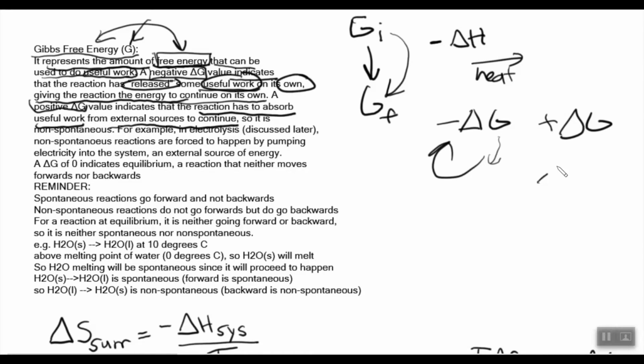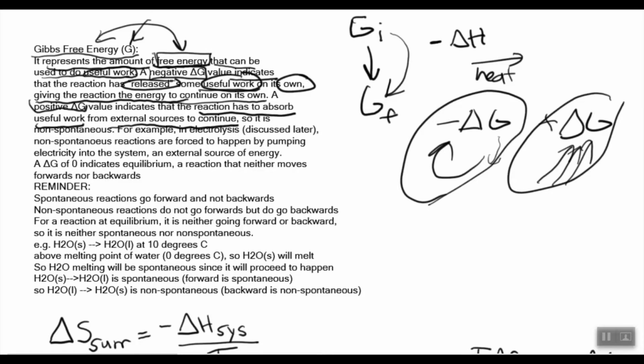Instead, you have to constantly put in energy from external sources, which we will talk about very soon. So it's not self-sustaining, which is why it's non-spontaneous. Spontaneous reactions are self-sustaining, which means that in this case, free energy is constantly being released and it's constantly working on the system to move it forwards. But that doesn't happen here.